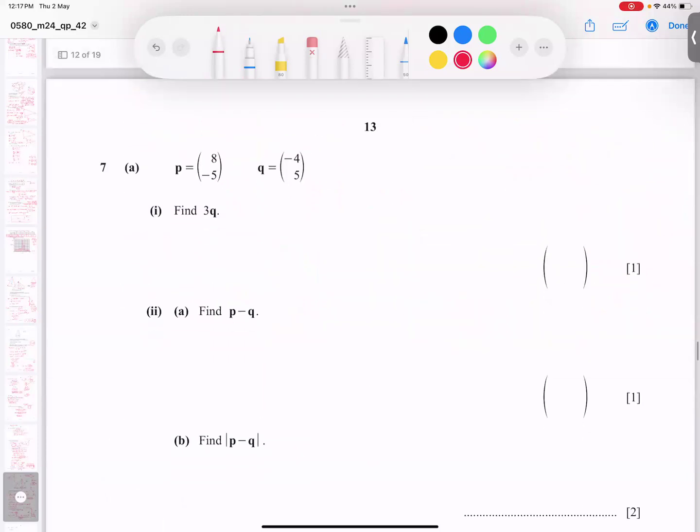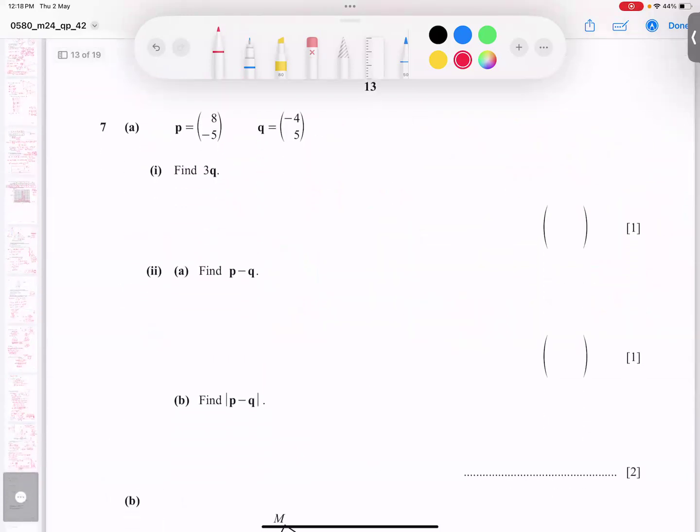And let's go for the next question. Here we have 3q, so 3 times 2q values, which is -4 and 5. I got -12 and 15.